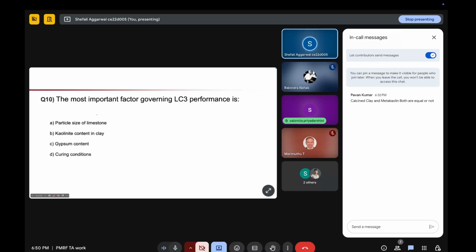The most important factor governing LC3 performance is particle size of limestone, kaolinite content in clay, gypsum content, or curing condition. Anybody else who thinks some other option is correct?